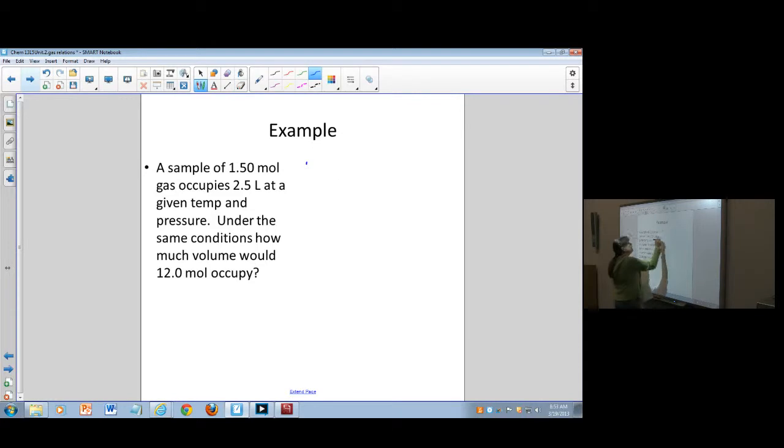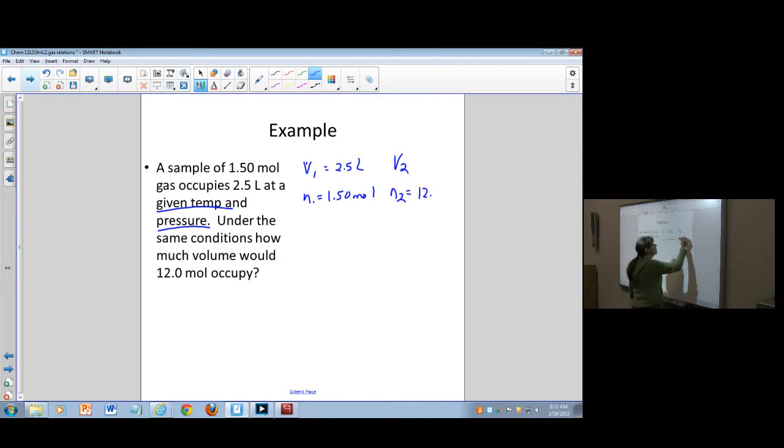N1 is 1.5 moles, and we know that V1 is 2.5 liters. Now we're going to hold the temperature and pressure constant, and we don't care what that is, it just is being held constant. Then we're going to look for V2 when N2 is equal to 12.0 moles.